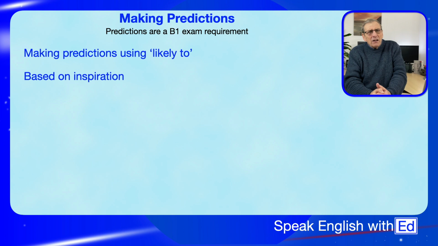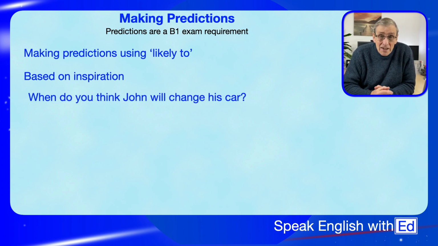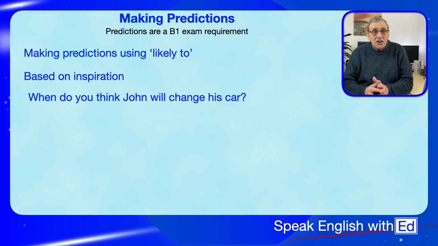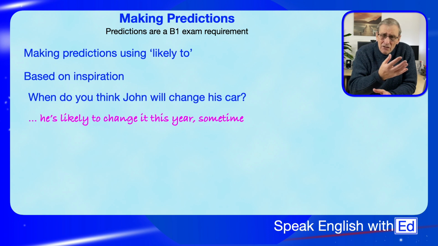So if somebody says to you, when's your next door neighbour going to change his car? And you don't really know. I mean, that's up to him. There's lots of things that can affect when he will change his car. So you can say, oh, I don't know, I think he's likely to change it this year. Maybe he changes it every 2 years, and this could be the year that you think he might change it.